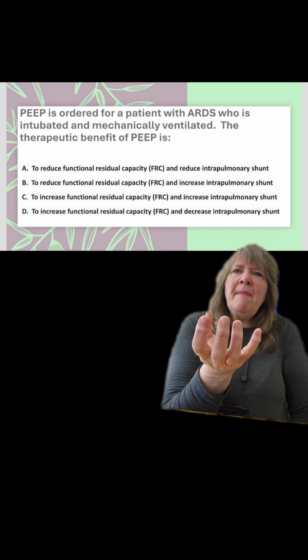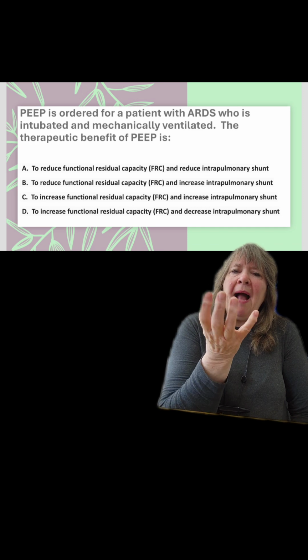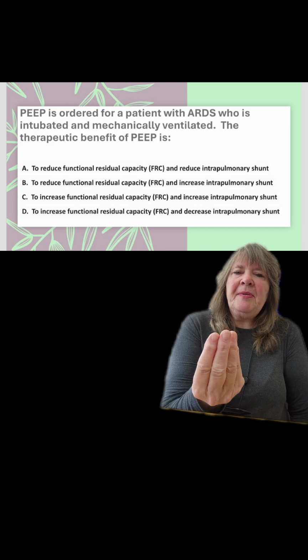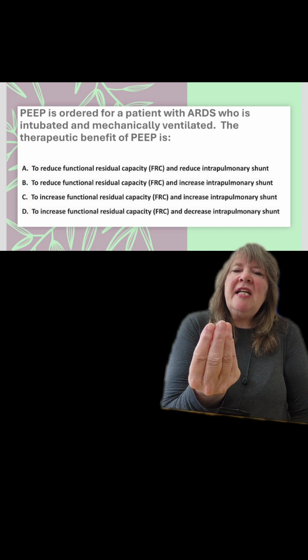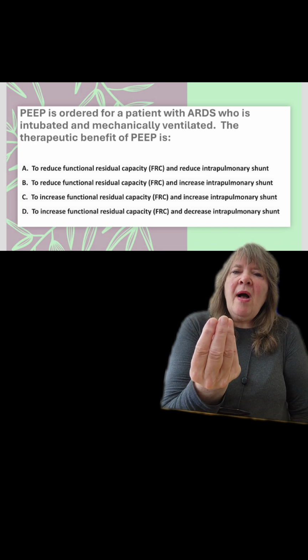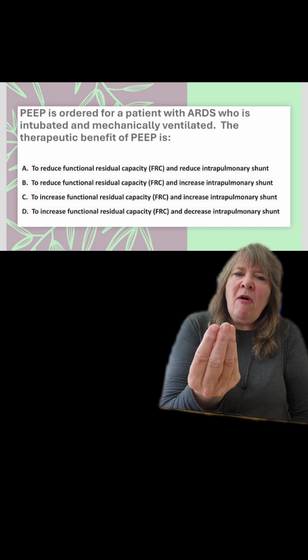So when we talk about ARDS, and our patient here has ARDS, remember that? What happens with ARDS is the alveoli collapse, our FRC goes down, our functional residual capacity goes down. And that's why you can pump oxygen into these people until the cows come home, but it is not going to help them.